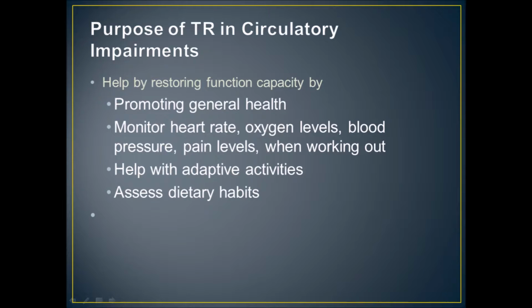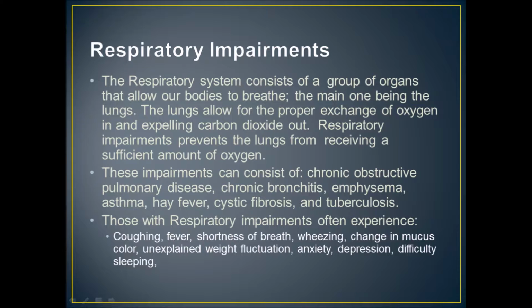So the next one we're going to talk about is respiratory impairments. To start, the respiratory system consists of a group of organs that allow our body to breathe. The main one being the lungs. The lungs allow for proper exchange of oxygen in and expelling of carbon dioxide out. Respiratory impairments prevent the lungs from receiving a sufficient amount of oxygen.